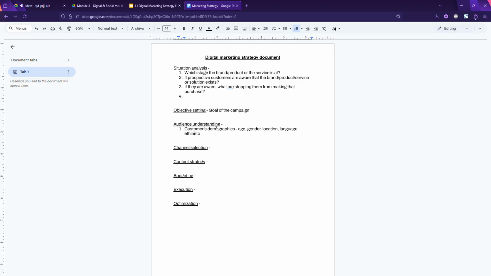It can also be ethnicity, depending on what the product and what the brand is trying to sell and who it is targeted at, we might be needing all of these demographics. The more detail we have, the better it is.